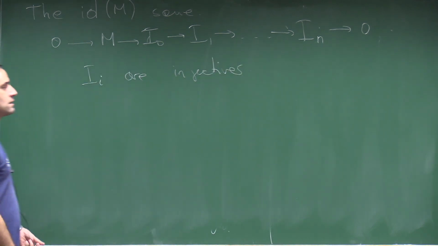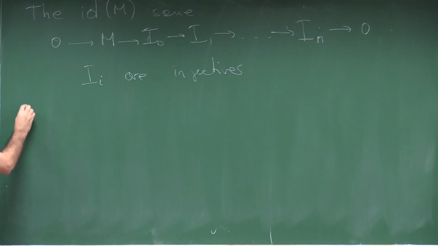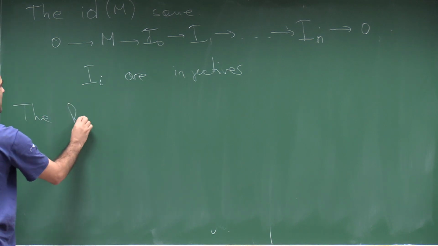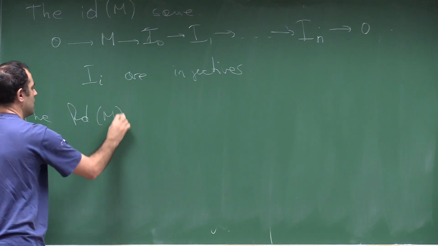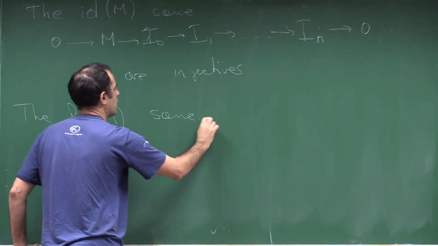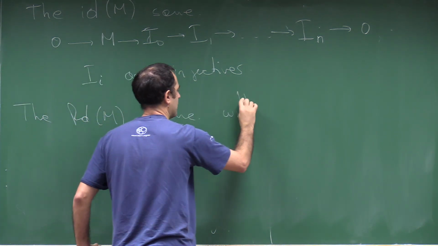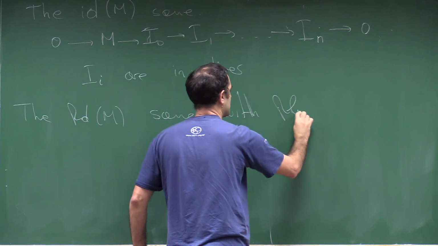And again, this is the minimum such n, and the flat dimension is the same with flats. The flat dimension of M is the same with flat resolutions.